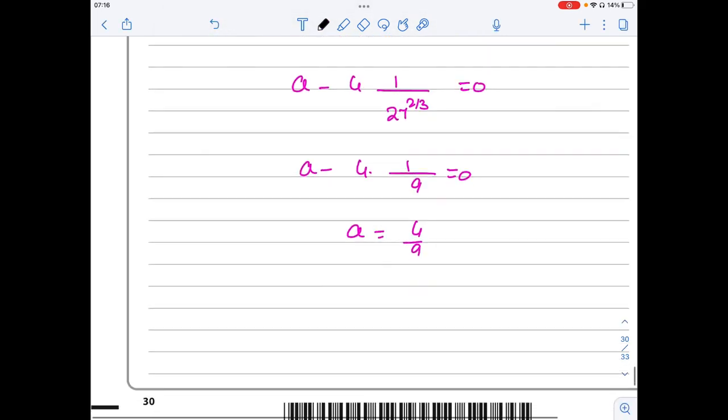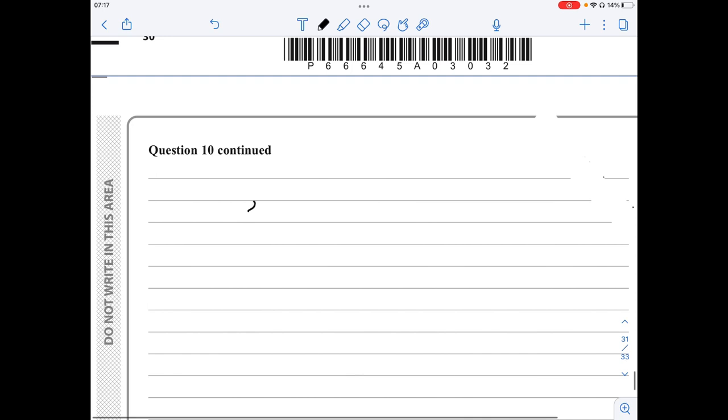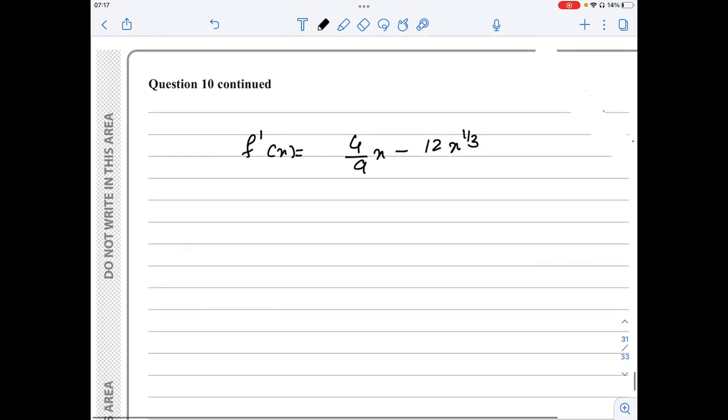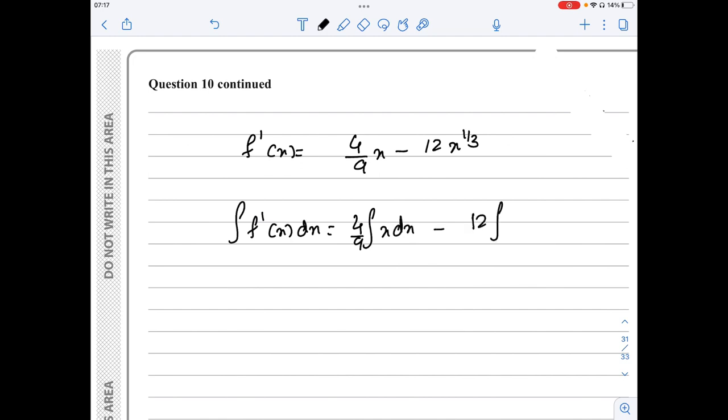Next, find f of x. So f prime x is now 4 upon 9 x minus 12x power 1 upon 3. When I do the integral of f prime x dx, it becomes integral of 4 upon 9 x dx minus 12 integral of x power 1 upon 3 dx.